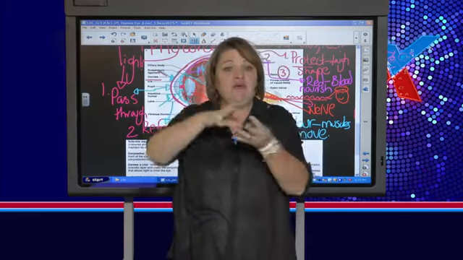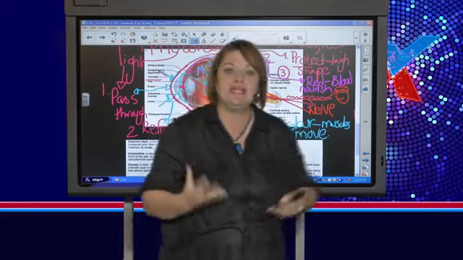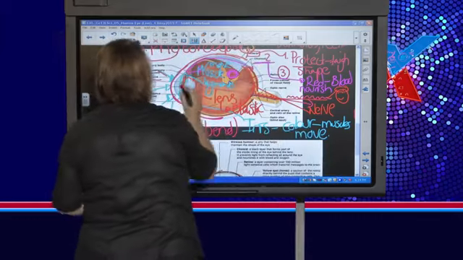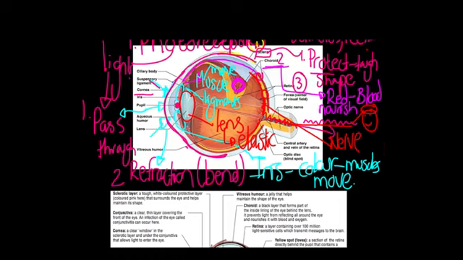So if we want it to stay in shape, we need to fill it with things. So what do we fill it with? We've got two chambers. Here in the front, you will see a chamber that is filled with water. It's called the aqueous humor. And here at the back, we have a chamber that is filled with a more jelly-like substance. That is called the vitreous humor.